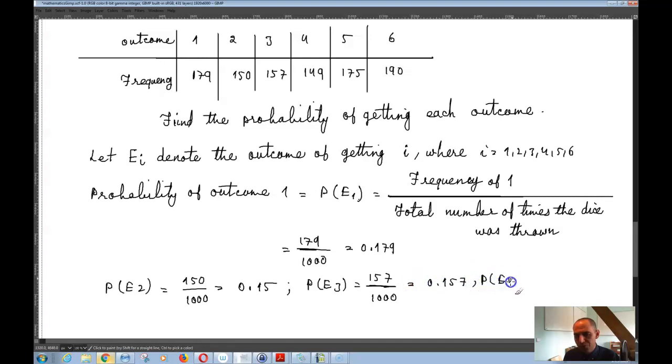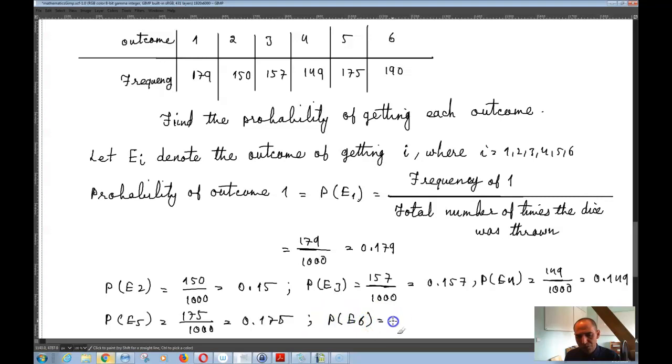P of E4 would be 149 divided by 1,000, which is 0.149. P of E5 is 175 divided by 1,000, which is 0.175. And finally, P of E6 is 190 divided by 1,000, which is 0.19.